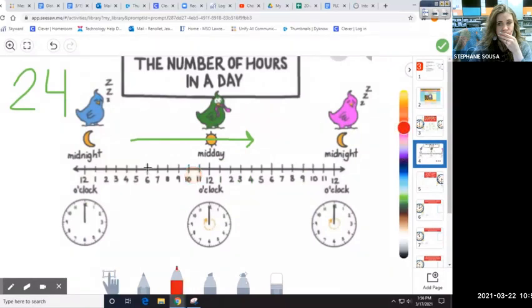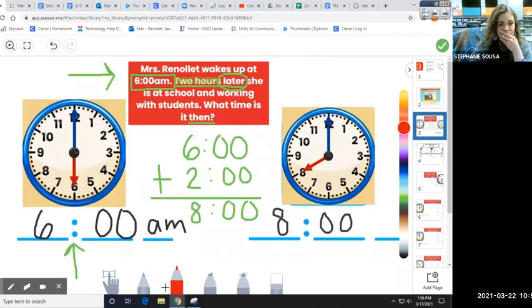If Mrs. Renalé wakes up at 6 o'clock AM, that would be in the first half of our day. 2 hours later tells me we moved forward in our day. 2 hours later is still in the first half of our day. I know that it is 8 o'clock, so I can stick with 8 o'clock AM to show my work.